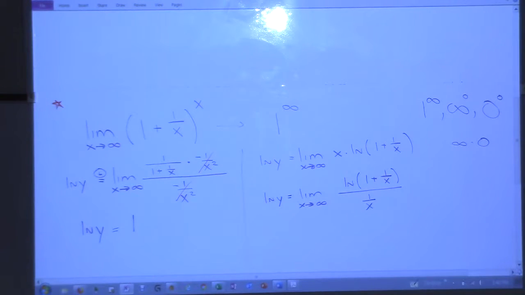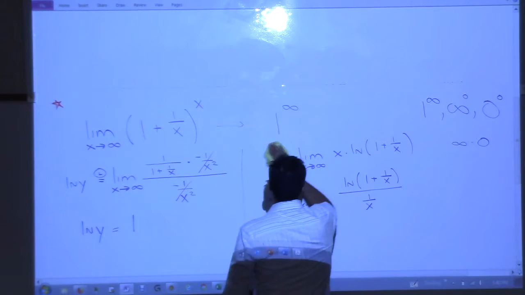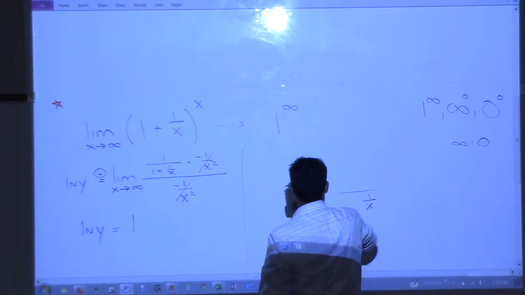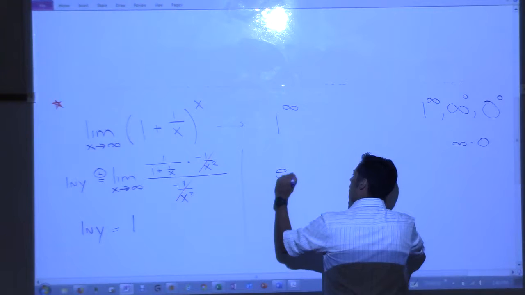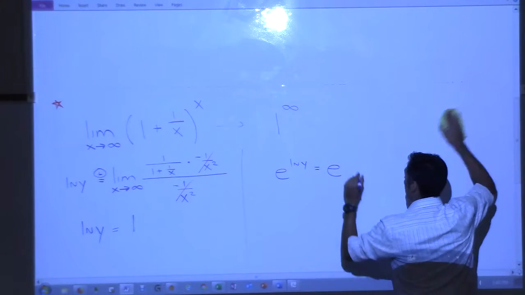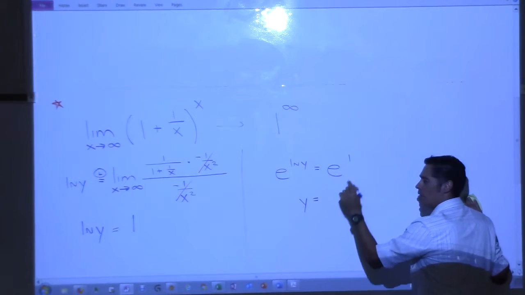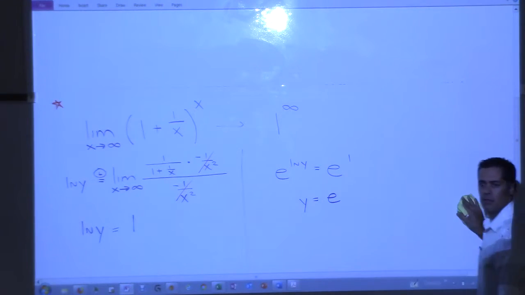But we're trying to solve for y, not natural log of y, right? So we come with e on both sides, e to the left side, e to the right side. So e to the natural log y equals e to what power? 1. And so the left side is y and the right side is just e, right?